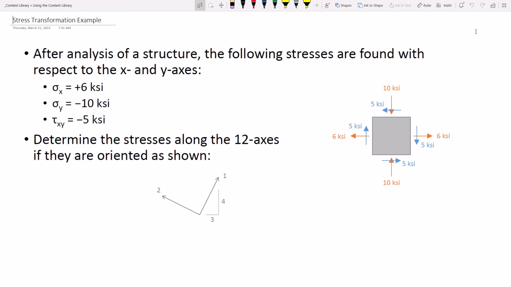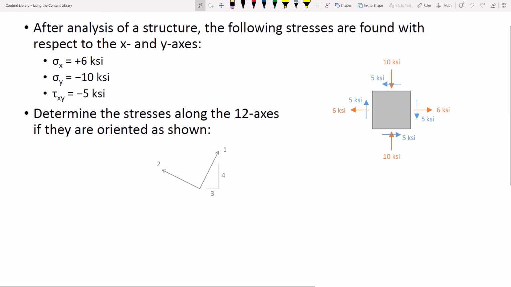What we need to do is determine the orientation, or specifically the orientation angle, theta.